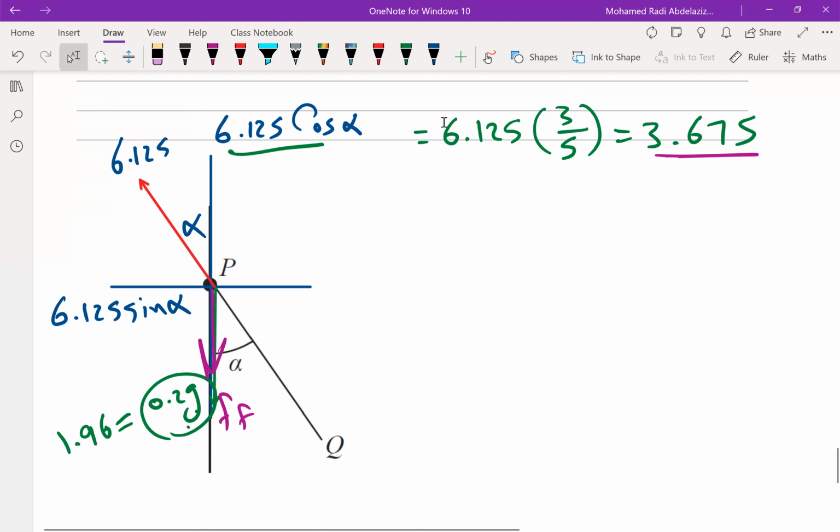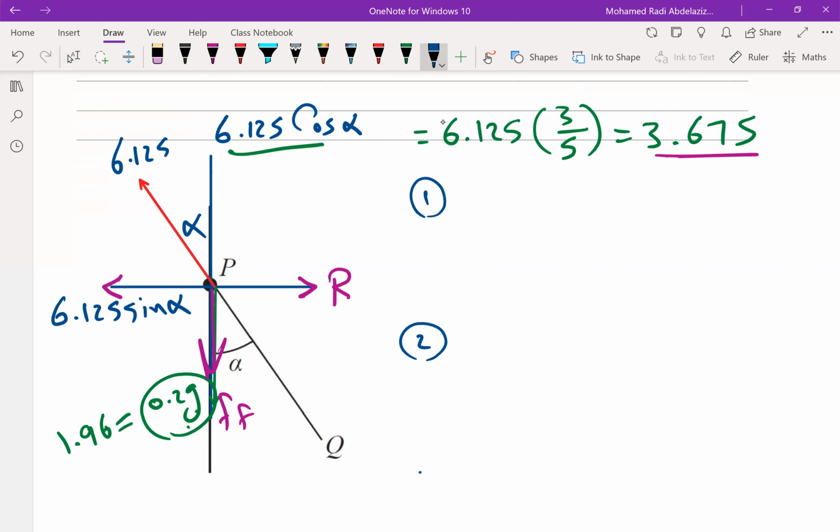The system is in equilibrium. If we act by an action to the left-hand side, there is a normal reaction on the opposite side. The system is in equilibrium, when it's about to move, so F of x is 0, F of y is 0. So all the forces acting to the right side are equal to the forces acting to the left side. So R is equal to 6.125 multiplied by sine alpha, which is 4/5.